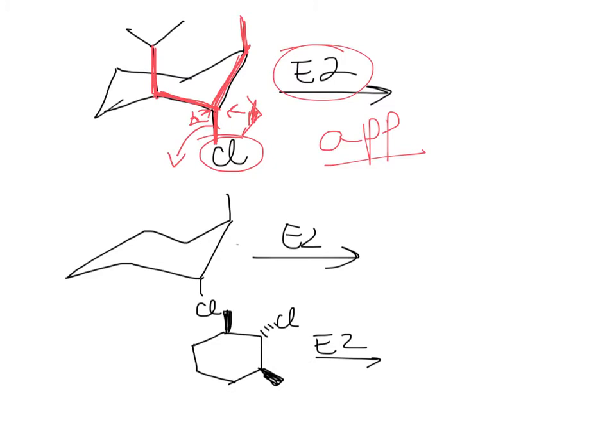What happens there? Basically, you do not have the same picture again, and so you're not going to be able to visualize the APP, and so in this case, no reaction takes place if you have E2 conditions.